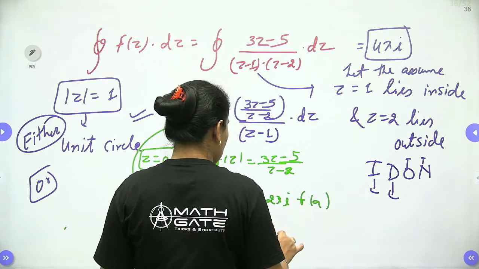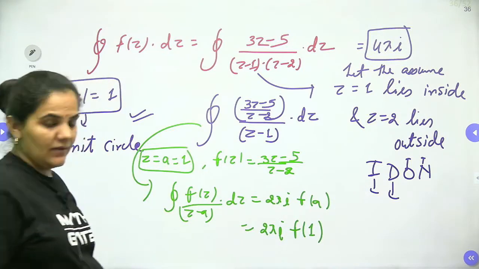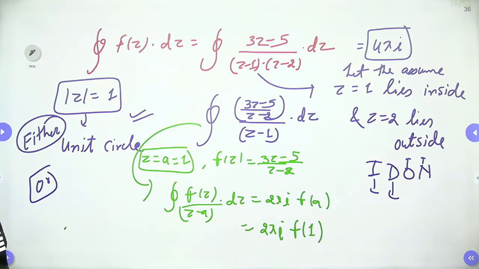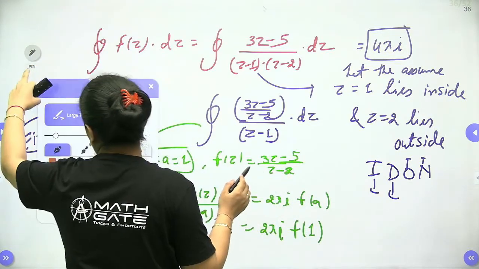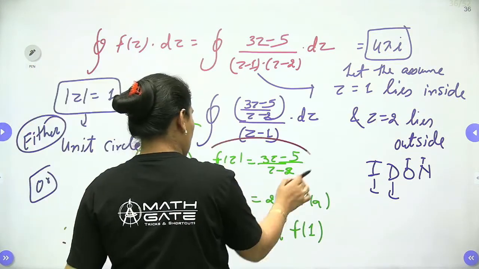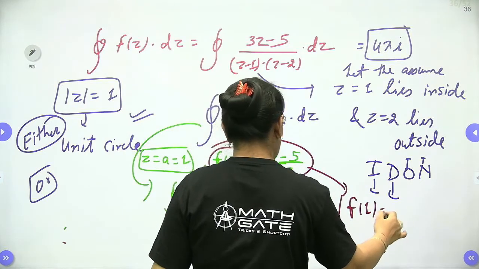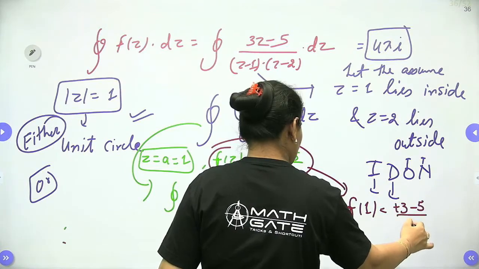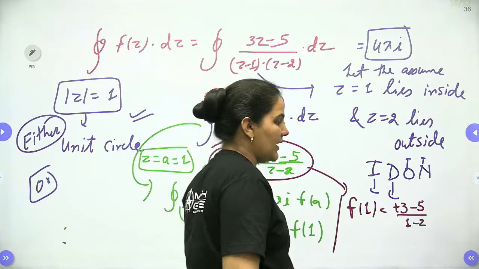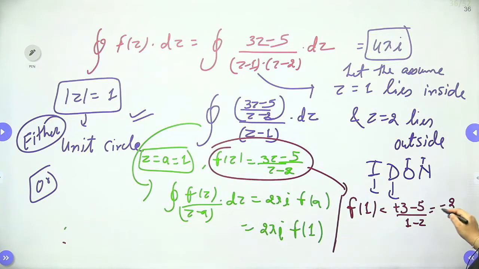So we approach 2 pi iota into f(1). The value of f(1) will be (3 minus 5) divided by (1 minus 2), which is minus 2 by minus 1, that is plus 2 only.